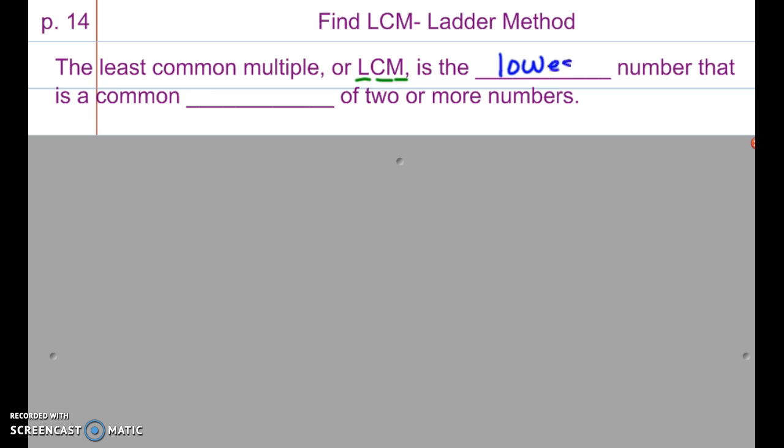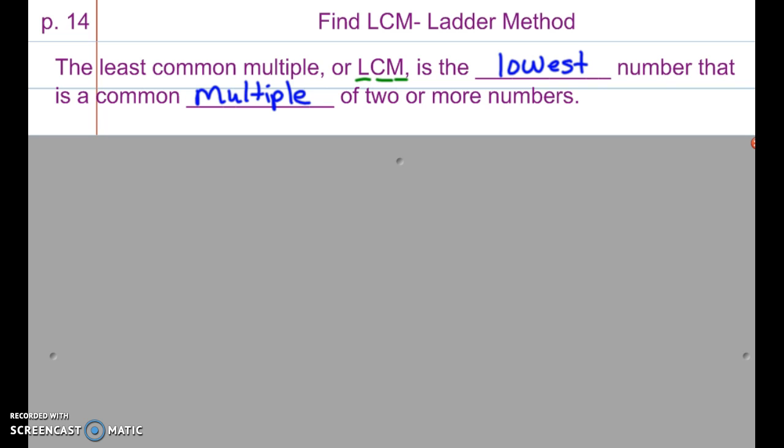So as yesterday we were looking for the greatest common factor, today we're going to be looking for the lowest number that is a common multiple. In other words, when we count by some numbers, we're going to find the lowest possible common multiple of 2 or more numbers. Pause your video and make sure you have this definition.